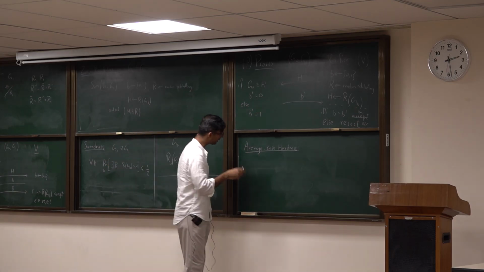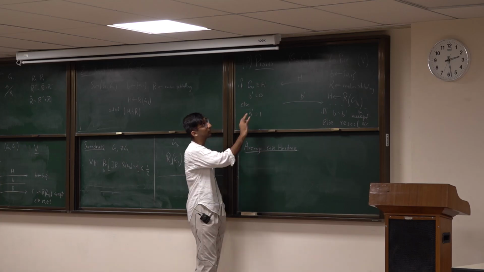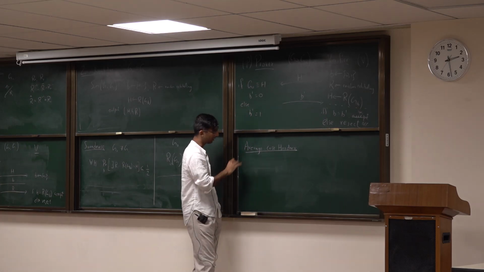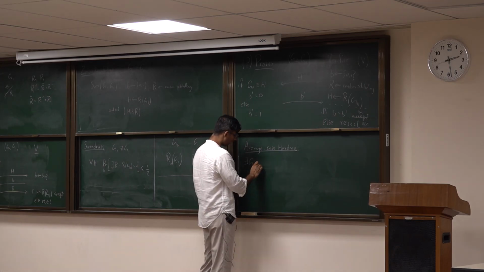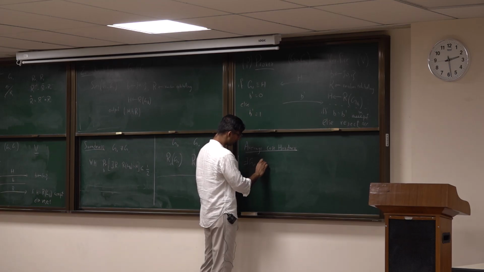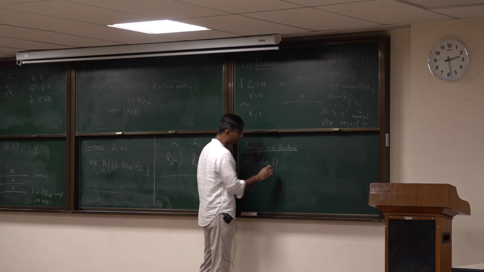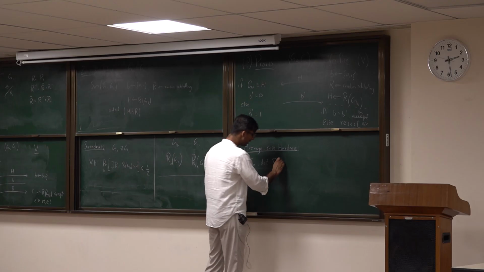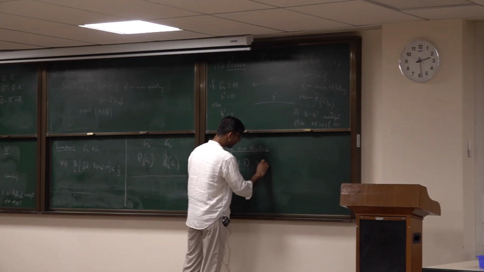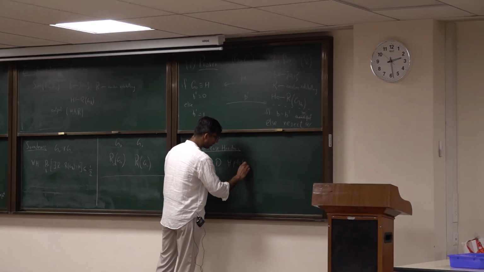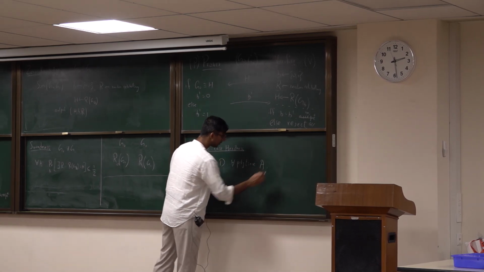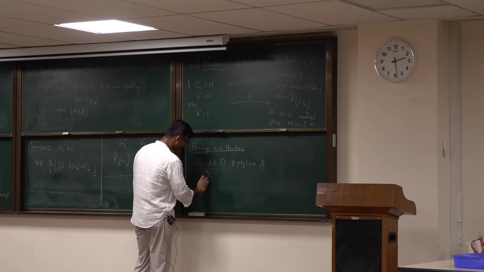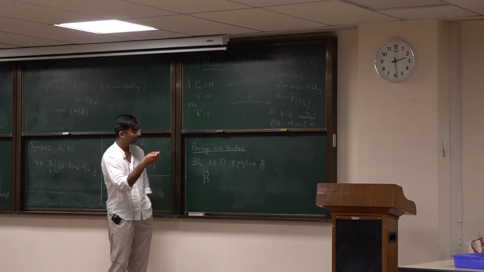Specialized to this particular problem, I want to assume that there exists some graph G0 and some distribution D over graphs such that for any polynomial time algorithm, let me call it A, the probability that A correctly determines whether H is isomorphic to G0 is small.